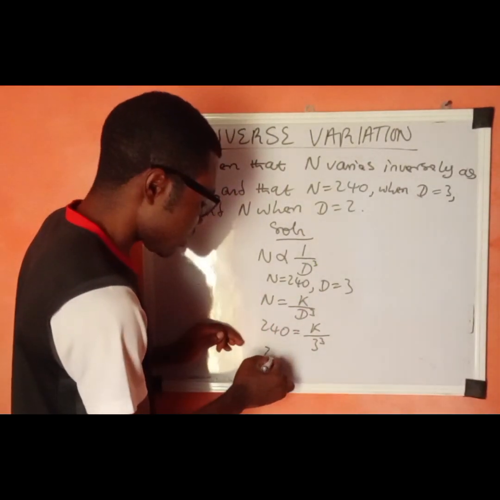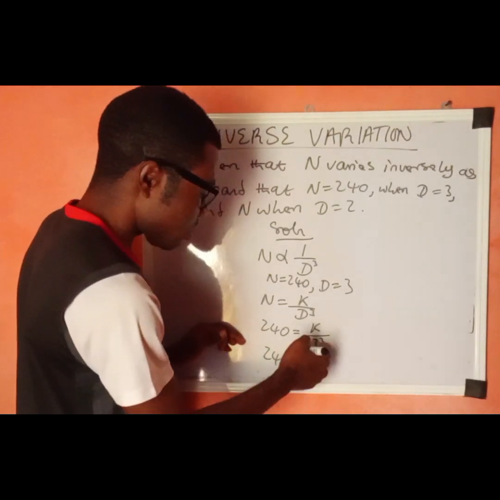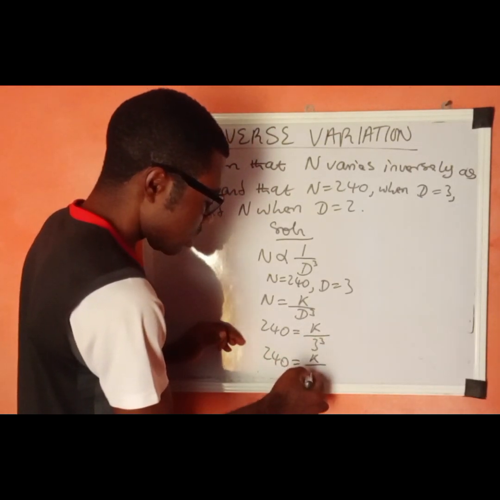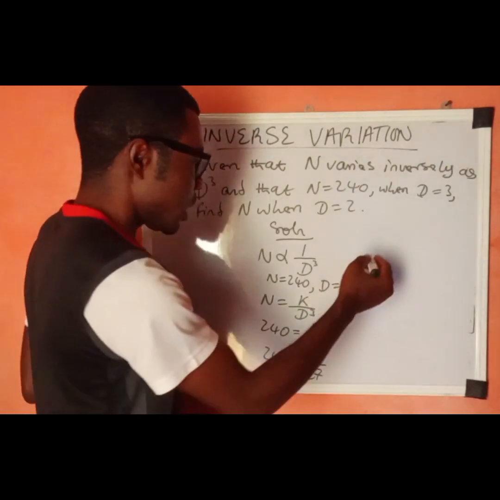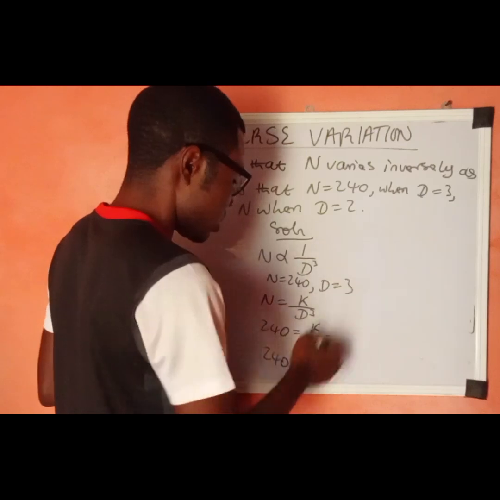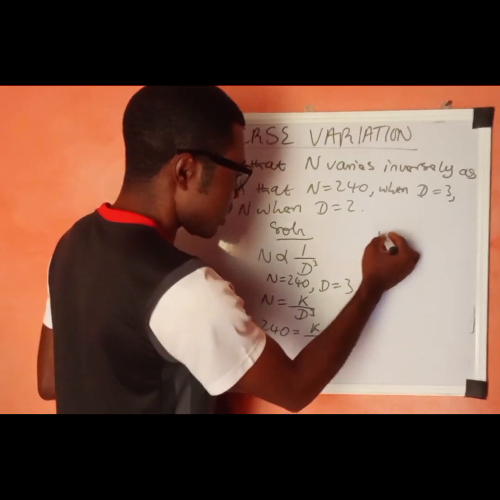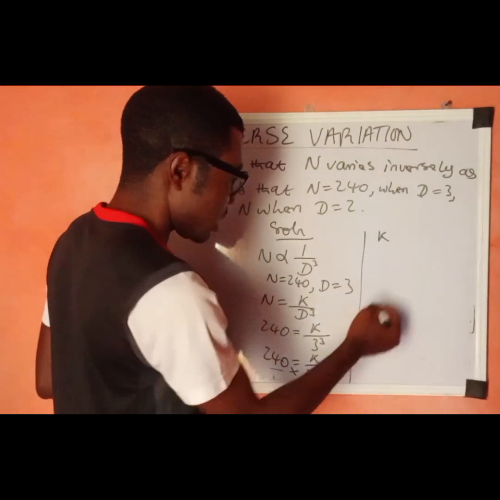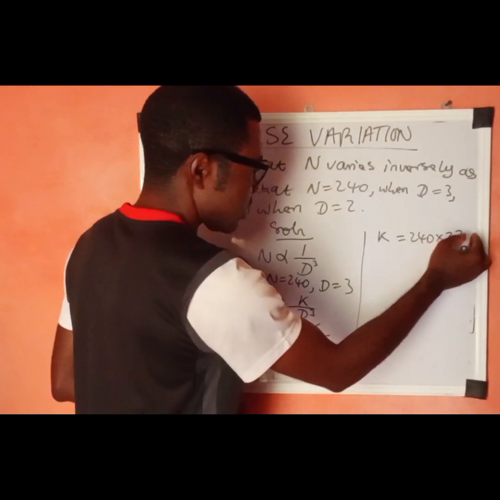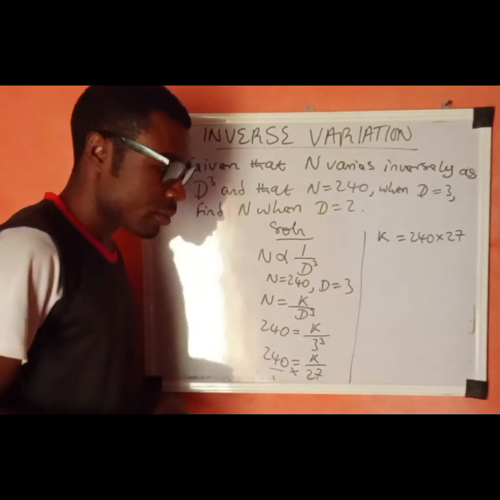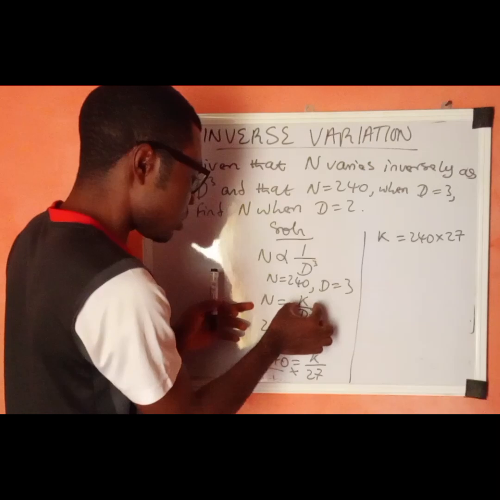So we have 240 equals k all over 3 raised to power 3, which is 27. So it means that our k, when we cross multiply this, is over 1. k times 1 is k, and 240 times 27. That is your k.